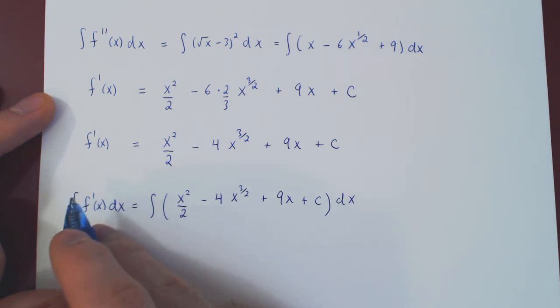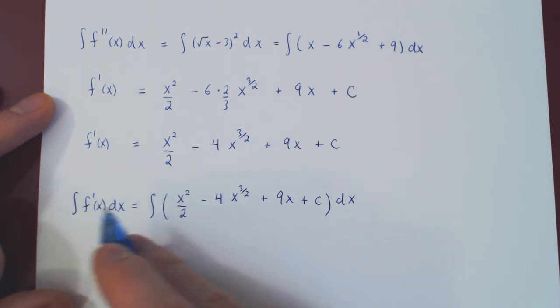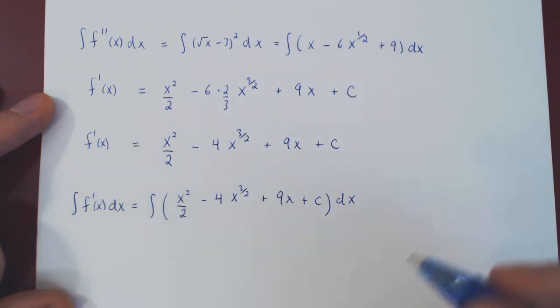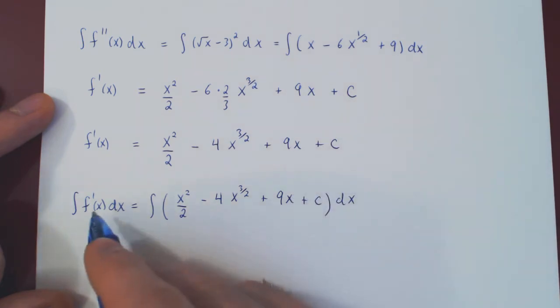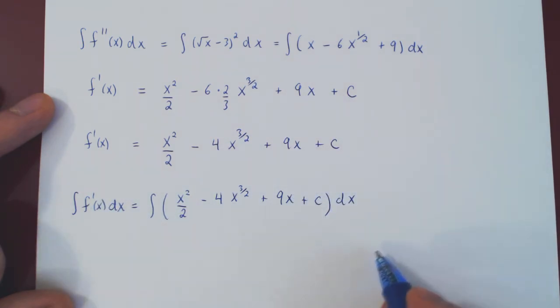Again, we have an equality between two indefinite integrals. We can only add a constant on either side. As we're trying to solve for f of x, ultimately we'll add a constant on the right hand side.